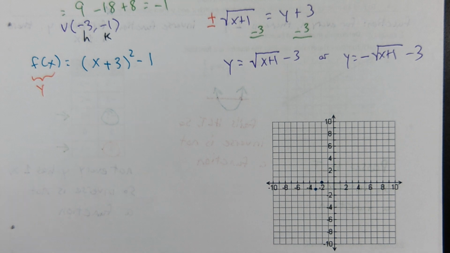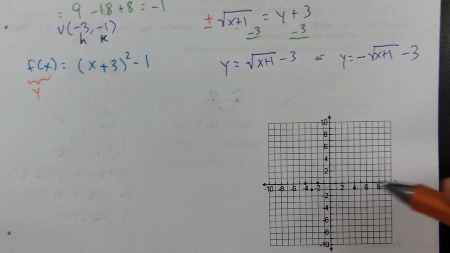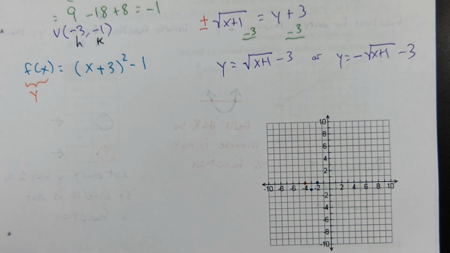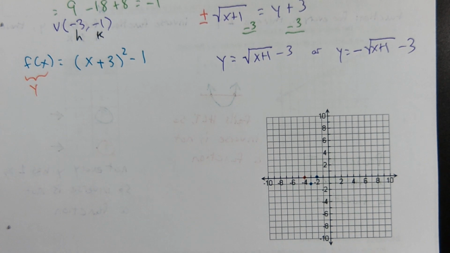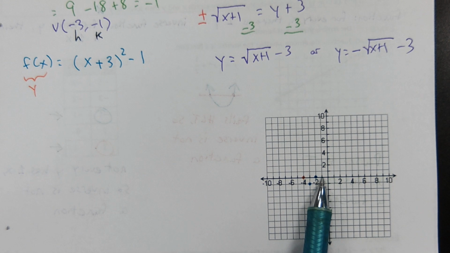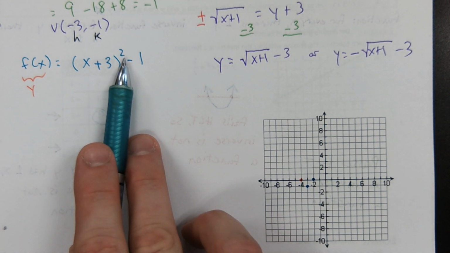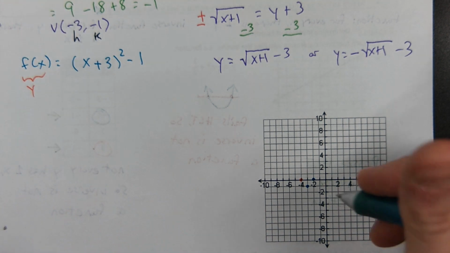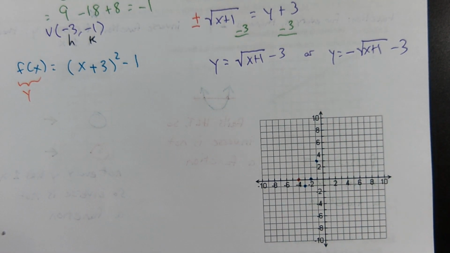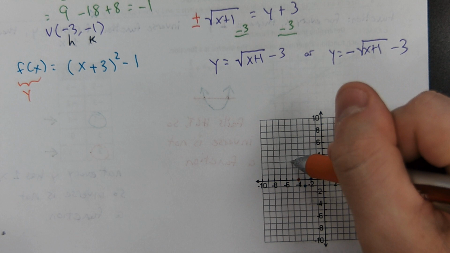Its reflection over the axis of symmetry is there in a different color. Now I'm going to use x equals -1 because that's the next x value. -1 plus 3 is 2. 2 squared is 4. 4 minus 1 is 3. Its reflection is here.